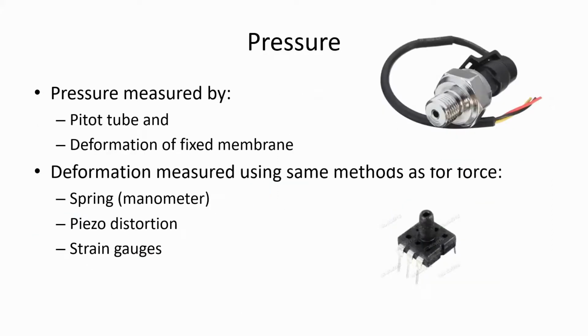Pressure can be measured by a pitot tube and deformation of a fixed membrane. Because of the pressure, a membrane placed inside will deflect, or a small deformation will occur, and by using that we measure the pressure.